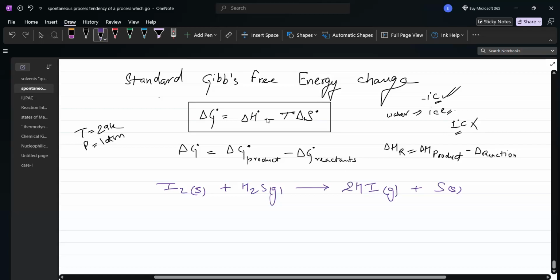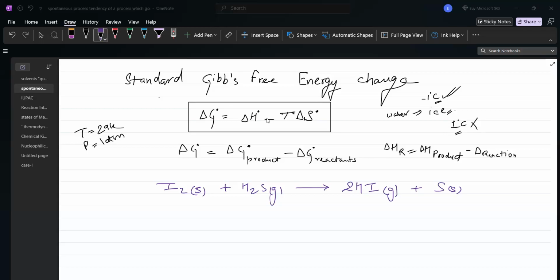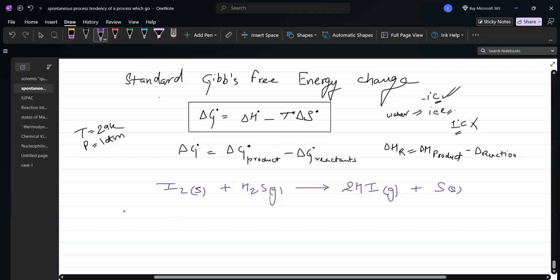In this question, delta G of formation of H2S is given, and delta G of formation of HI is given.